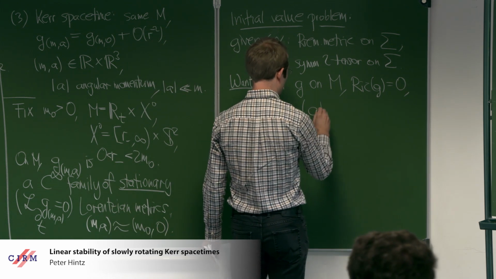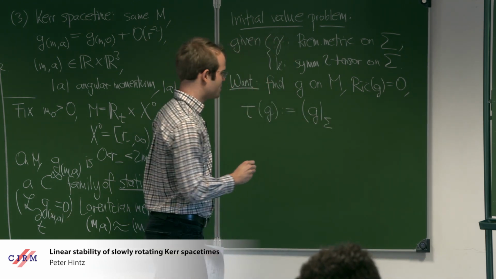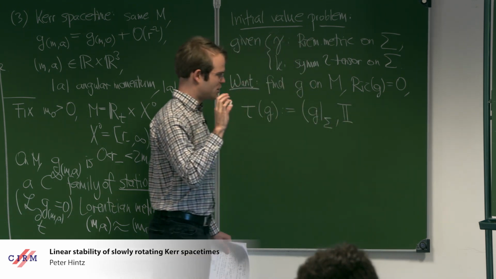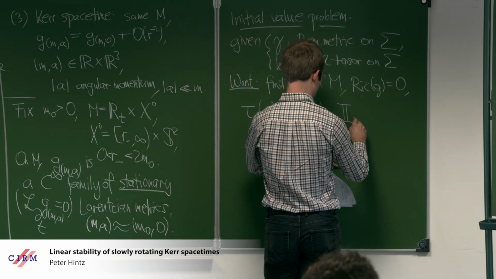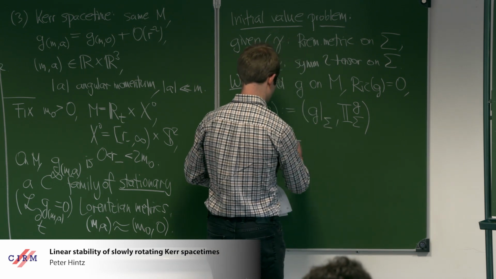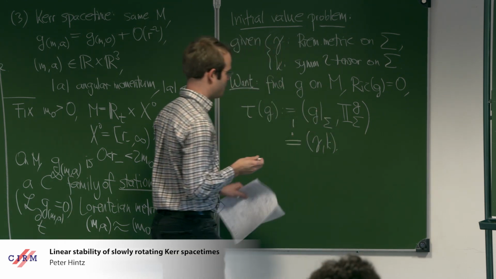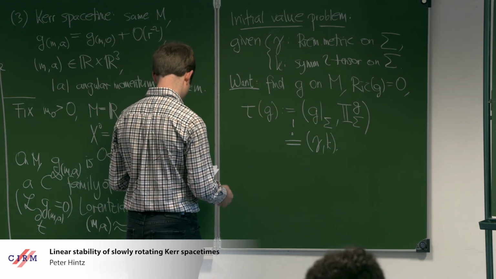Well, you pull back the metric G to your hypersurface sigma. That's one piece of data. And the other piece is the first derivative of G across sigma, which is the second fundamental form of sigma with respect to G. And you want this to be equal to the two pieces of data, gamma and K. So it's a geometric initial value problem.